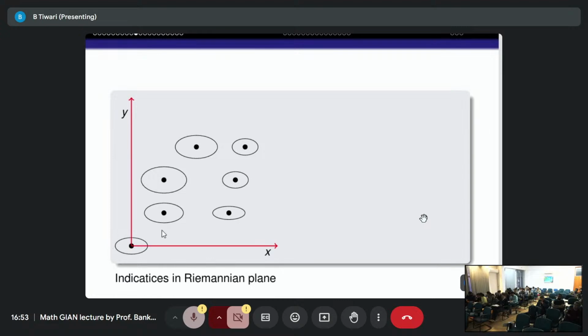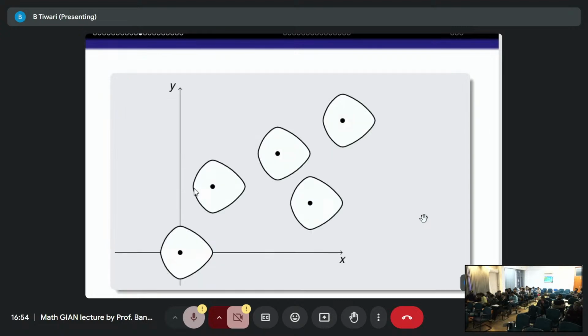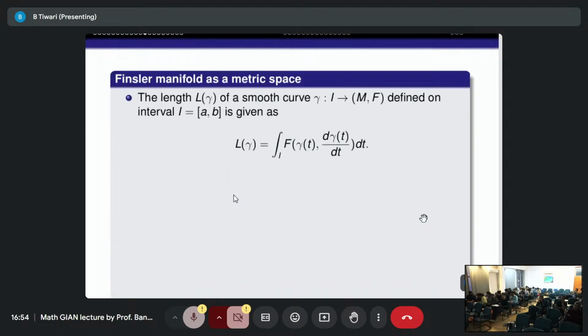So these are symmetric balls, and at every point in every tangent space you have these symmetric balls, and these are the indicatrices in the Finsler plane. These are just strongly convex balls. The interior is the ball and the boundary is the indicatrix.